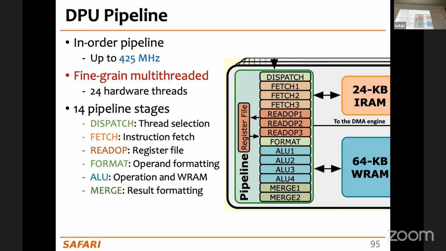So every single cycle, one new thread, and this avoids all hazards and potential stalls that we would need to have for correct execution. Observe as well that in total there are 14 pipeline stages, but we can use up to 24 hardware threads. So in principle, there are enough threads to keep all the stages of the pipeline busy, right? And this way, let's say, be efficient.